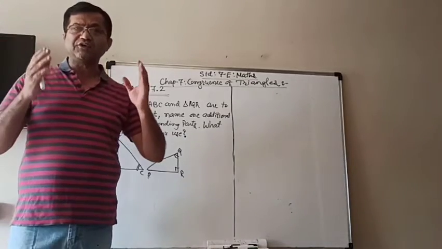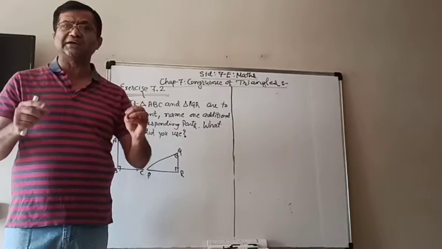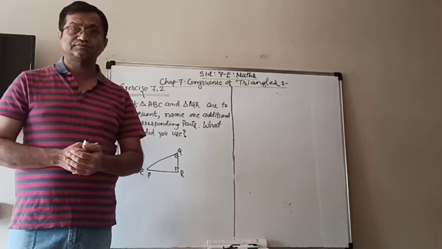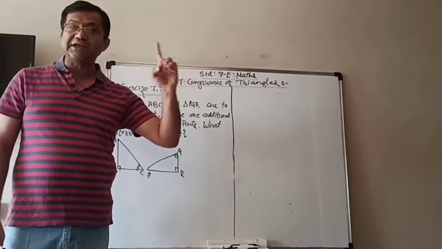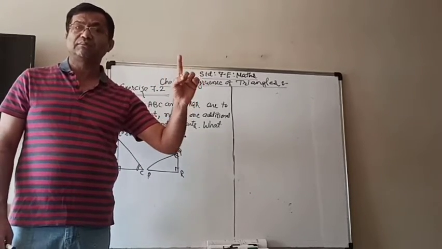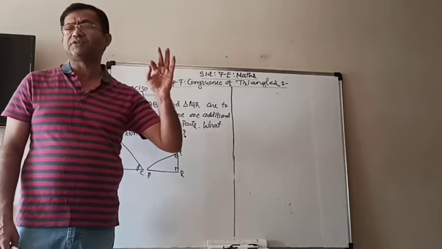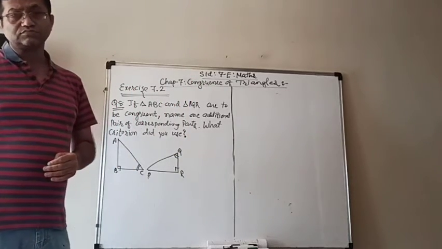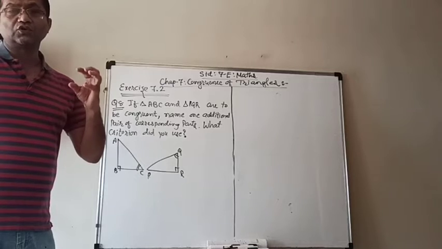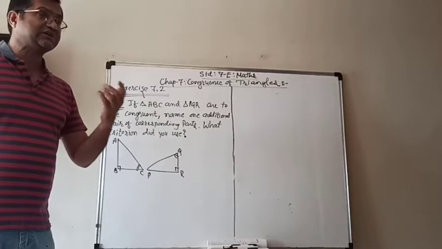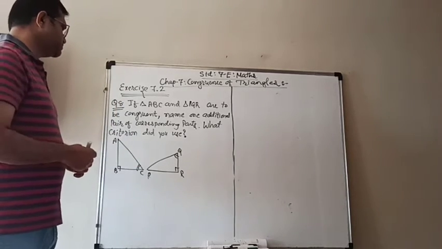It means that if you want to prove that these two triangles are congruent, then we need one missing part of the congruent pair. And then we have to say which criteria we used.